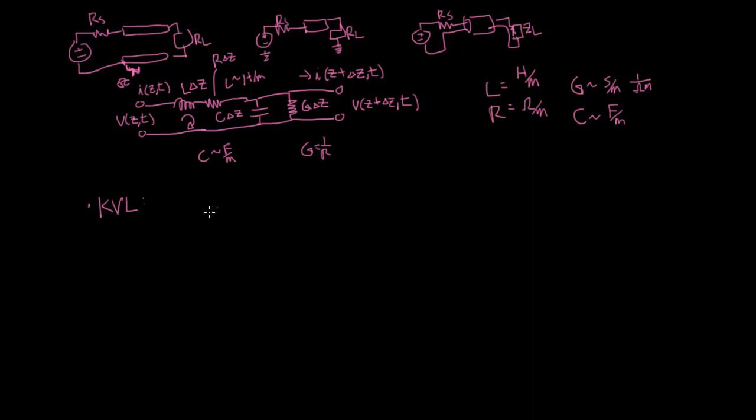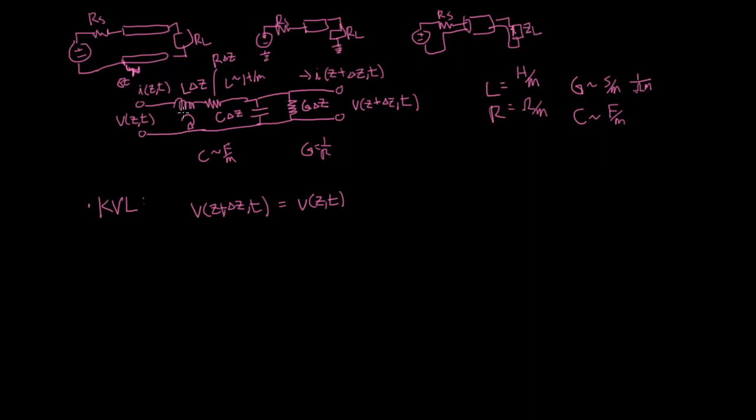So what that tells you is that the output voltage, V of Z plus delta Z, T, is going to be equal to the input voltage, and then minus the current drop.